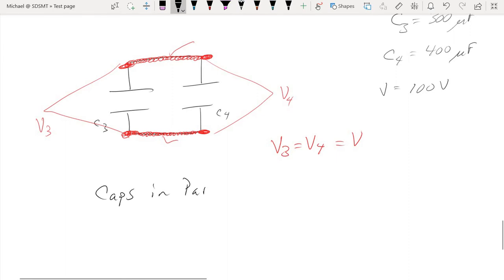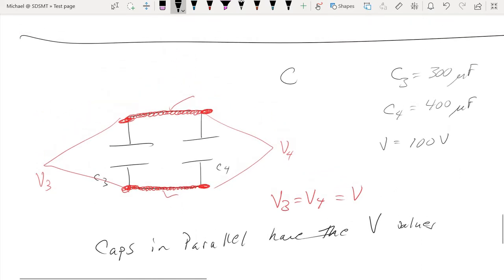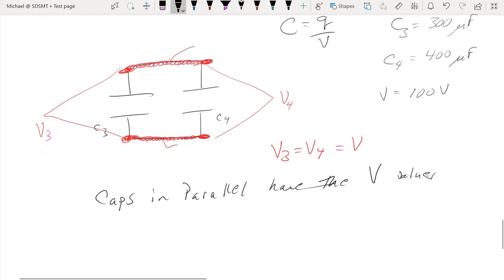Caps in parallel have the same potential values. But because they're different capacitors, they will have to have different charges.